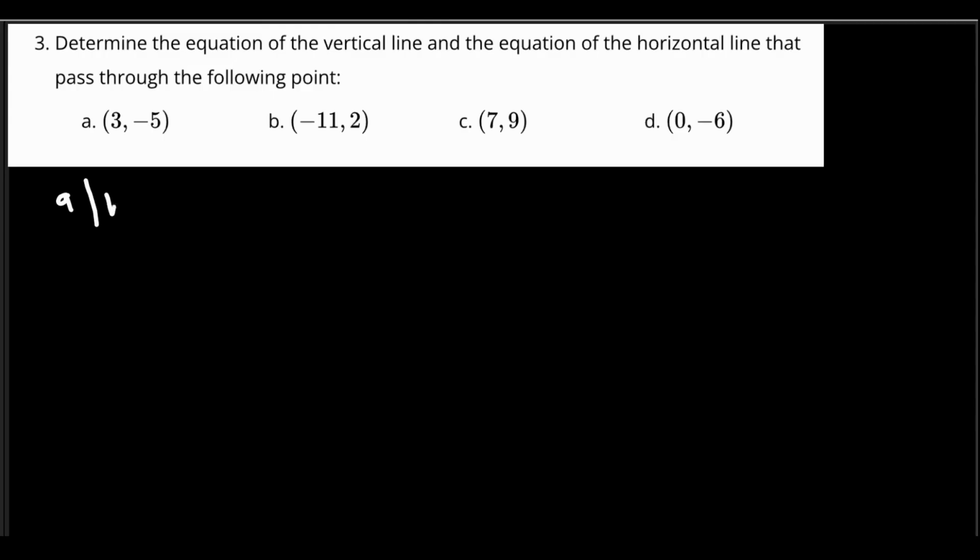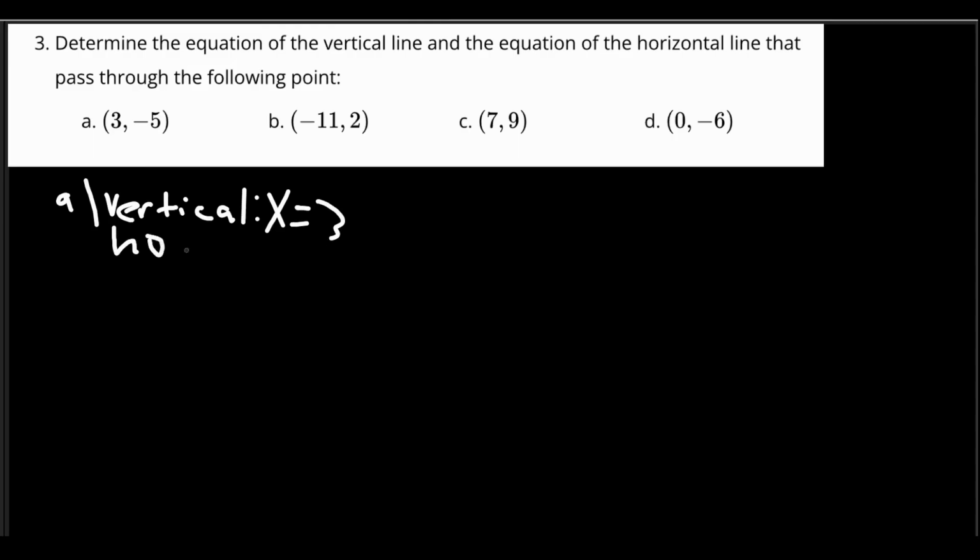So if this was vertical, I'll write vertical here, then it would be x equals something, because that's what the form is. And for this point, we can just look at the x-coordinate, and the x-coordinate is 3. So we can just put x equals 3.